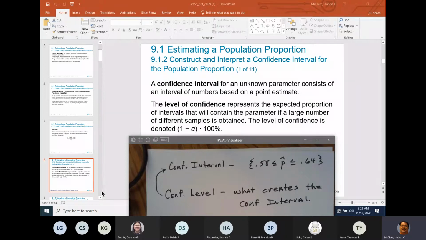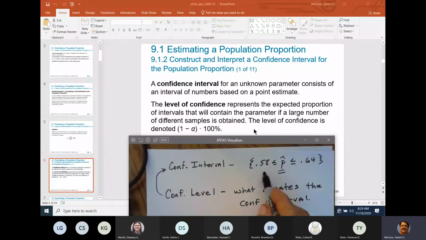So hopefully you're finished writing some of that down. A confidence interval for an unknown parameter consists of an interval of numbers based on a point estimate. There's the point estimate, and here's the interval of numbers. And these intervals of numbers are based on the confidence level.